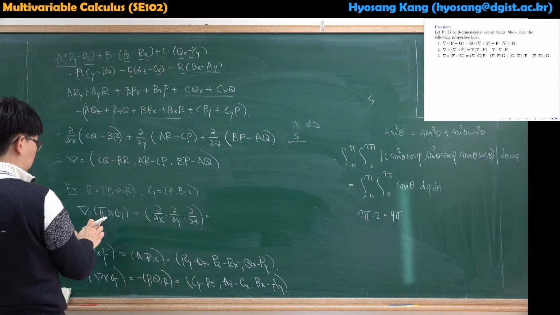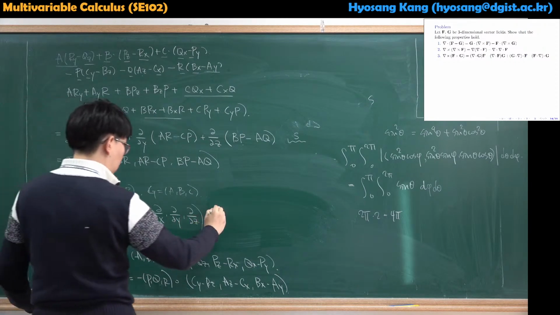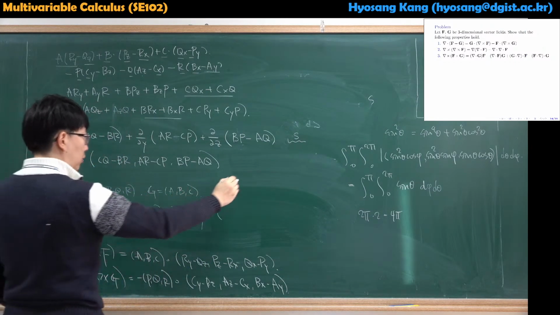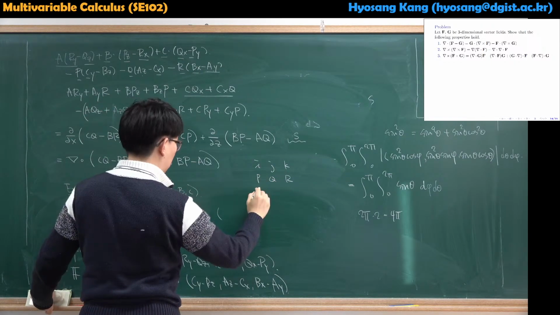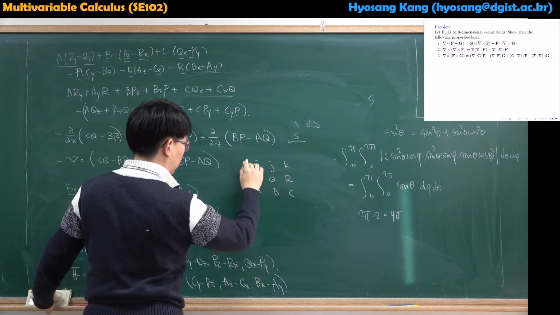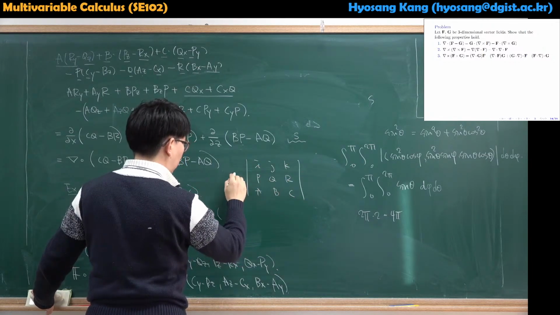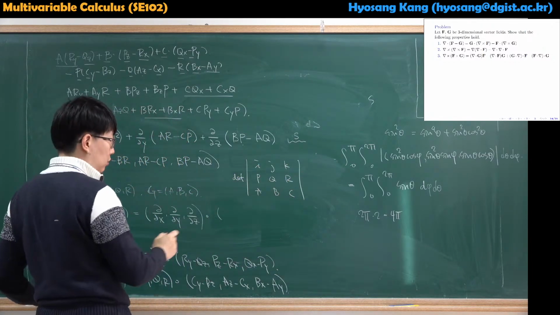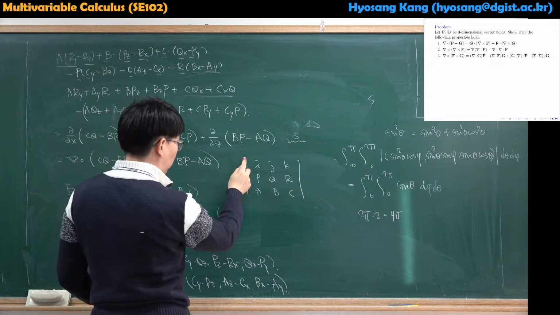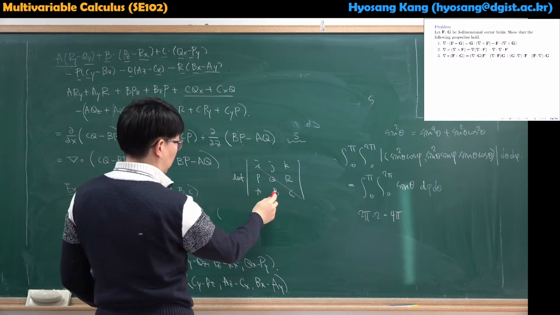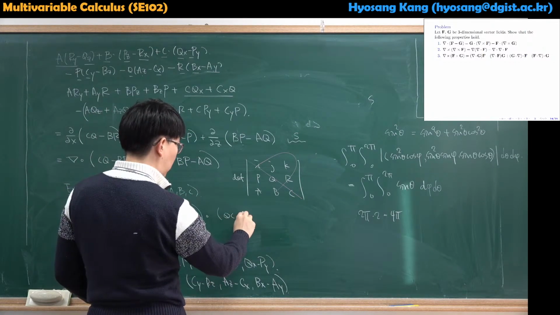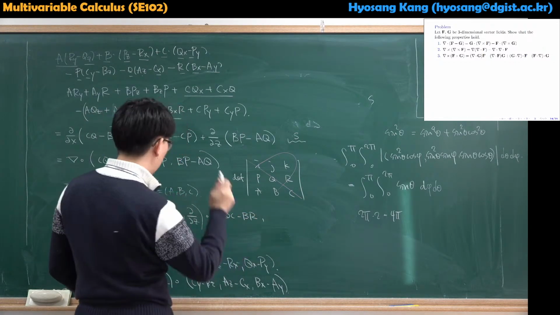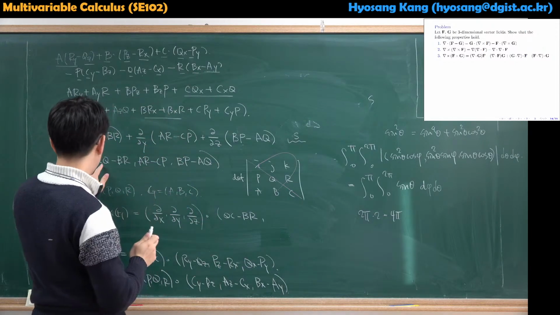So the cross product of F and G is given by taking the determinant of the 3x3 matrix with rows I, J, K, P, Q, R, A, B, C. So for the I coordinate, I get QC minus BR.